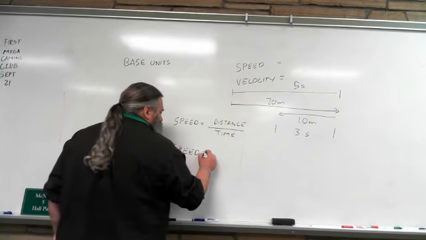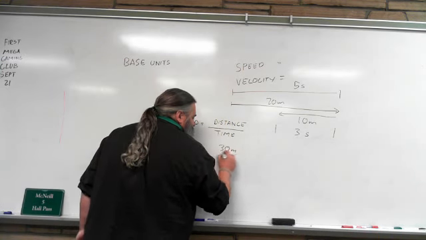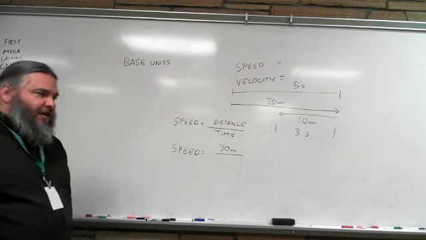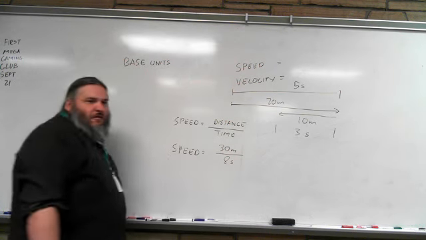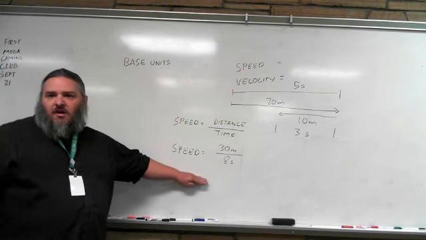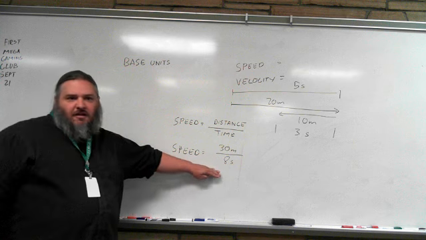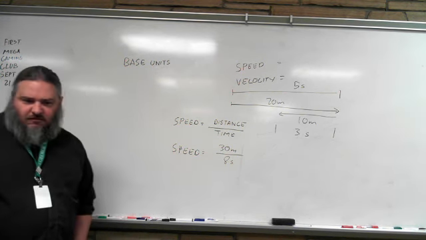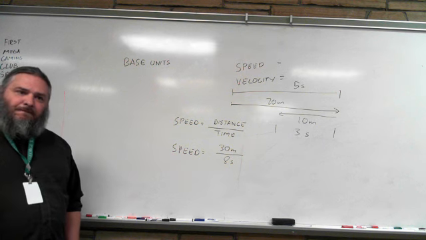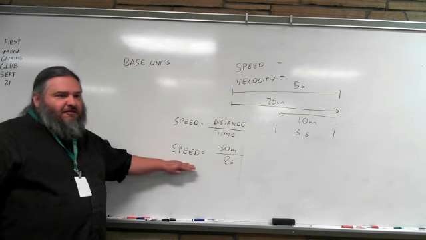So its total distance is 30 meters, and it did it in 8 seconds. Now, if you want to leave it like that, you're more than welcome to. I don't care if you go any further than that. A fraction is a great number, and I love fractions. Okay? So that's the object's speed.